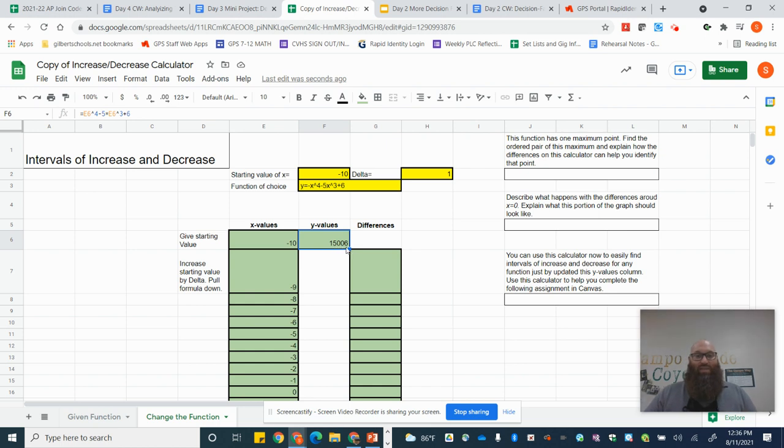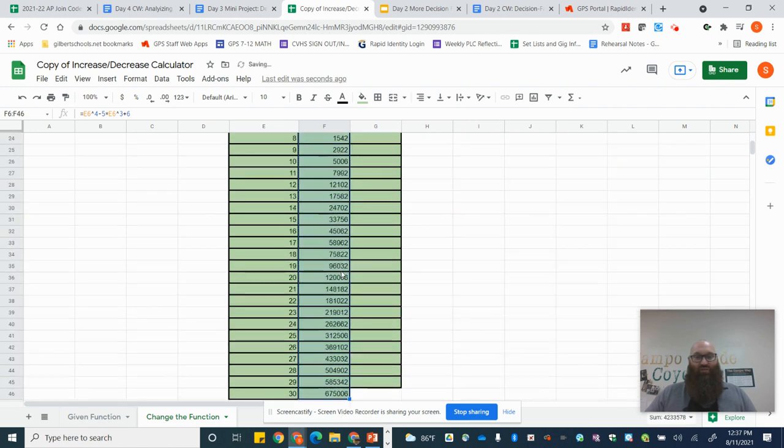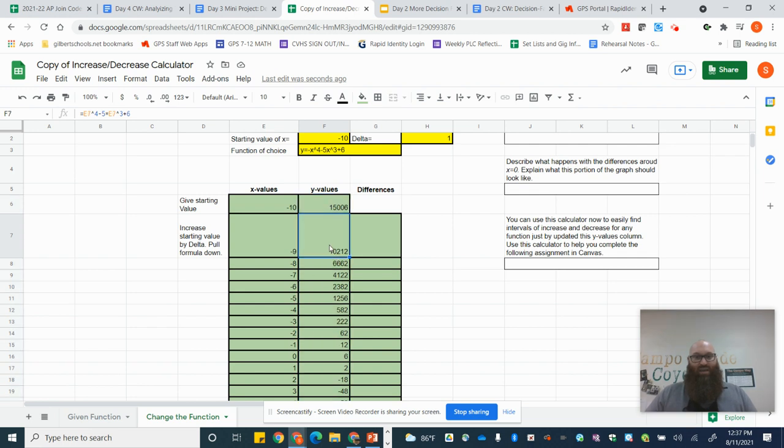Now, here the great thing, what I'll be able to do is just take this corner and pull it straight down, and now this will calculate all of the y values of this function. And again, every cell, if you look here, notice it's just going to point at the x value that's immediately to its left. That's where that pull down function can be fantastic.